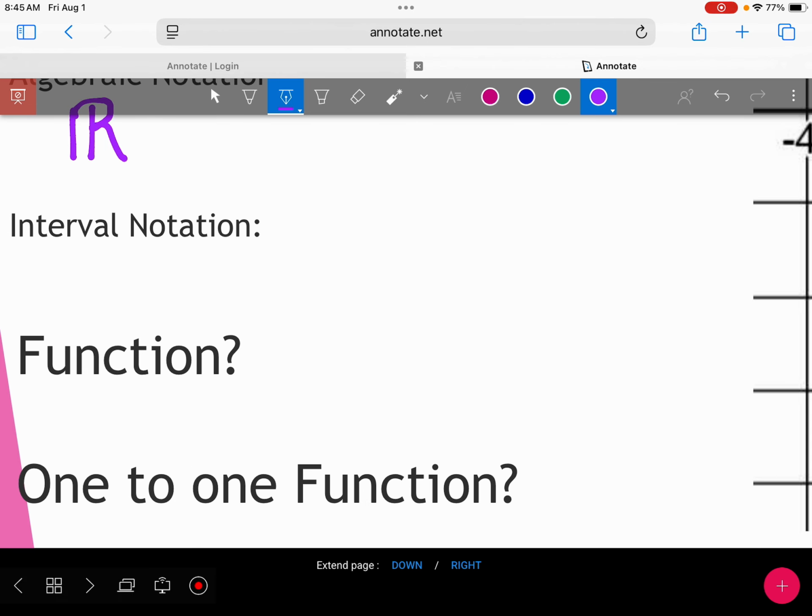Cool, we're on time. Then let's do our function test. Function, vertical line test. I'm going to grab our stick, fancy schmancy, super duper high tech math tool. We're going to do our vertical line test. And I want to know, does this ever cross more than one time?